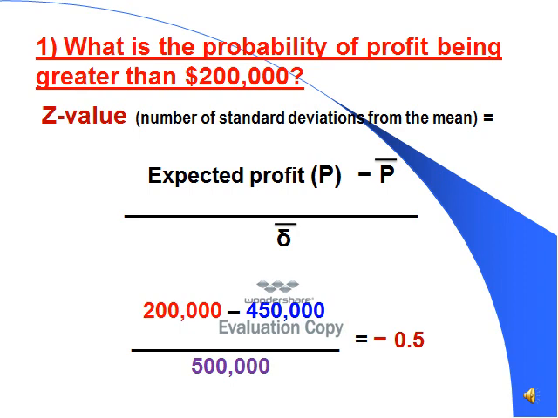In this example, B equal 200,000 from the required minus B bar, the mean of profit 450,000, divided by sigma bar, the standard deviation of profit 500,000, that's equal minus 0.5.